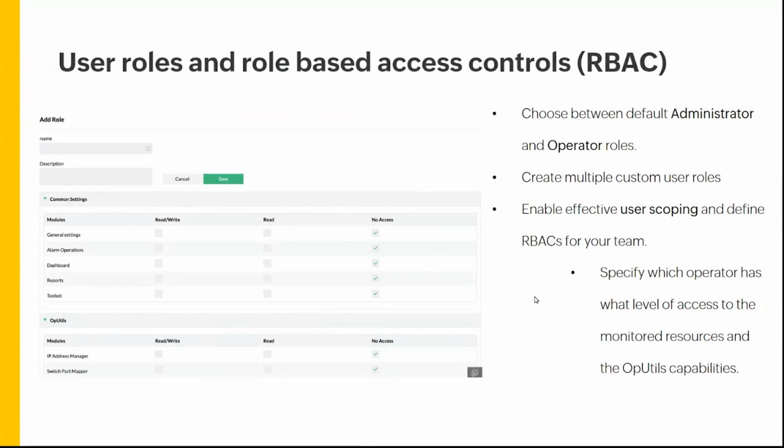Right? So in OpUtils, we have these two predefined roles, which is administrator and operator roles, and admins have read and write access across all OpUtils modules, while operators have read-only access. Effective user scoping and role-based access control helps you specify each operator's access level to monitor resources and OpUtils capabilities.